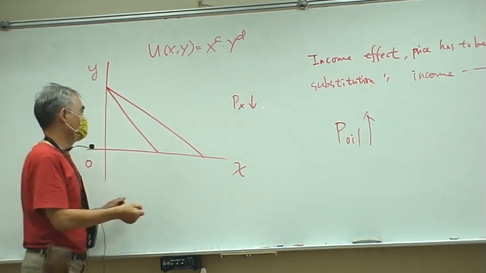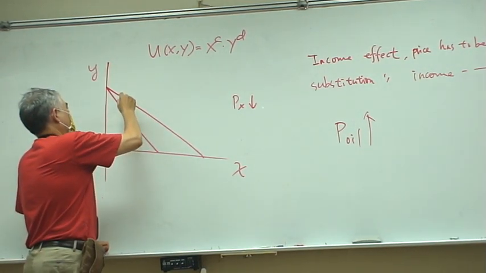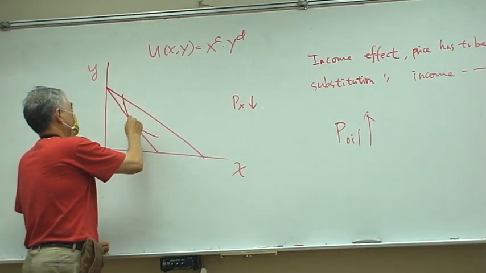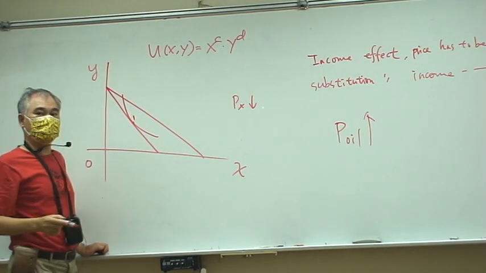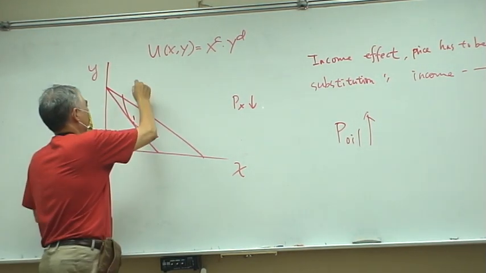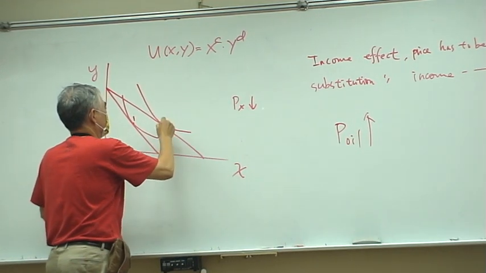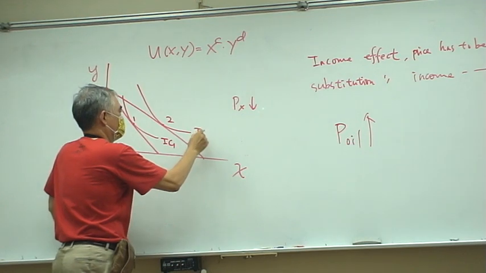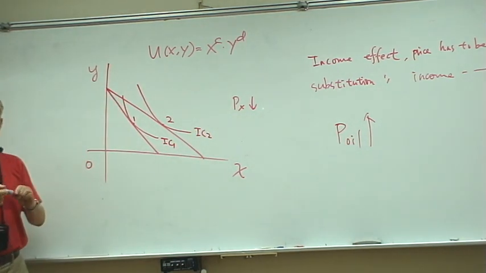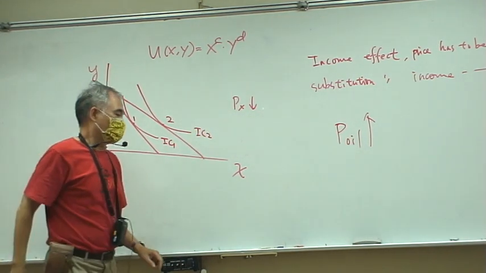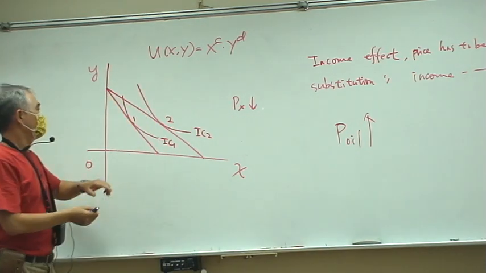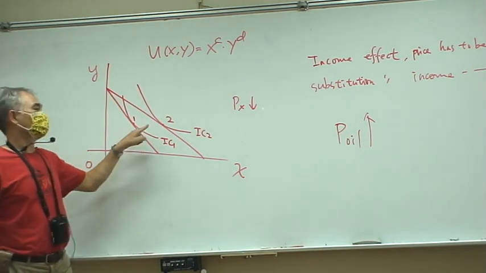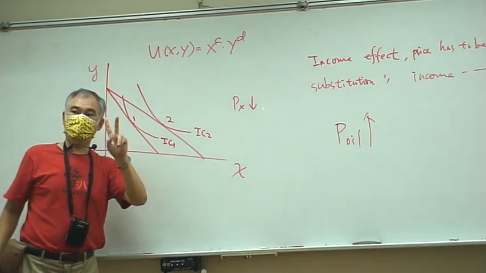Okay, so we have two solutions. The first solution is point 1 here, and the second one is point 2 here. So indifference curve 1, indifference curve 2. Questions? Okay, so from point 1 to point 2 actually has two parts.